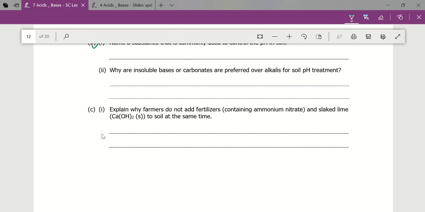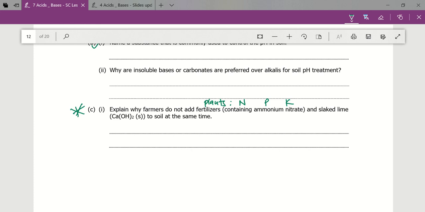And lastly, why do farmers not add fertilizers containing ammonium nitrate and slaked lime to soil at the same time? This is a very common O-level question actually. For plants to grow well, they generally need nutrients containing these three elements: N, P, and K. Nitrogen, phosphorus, and potassium.